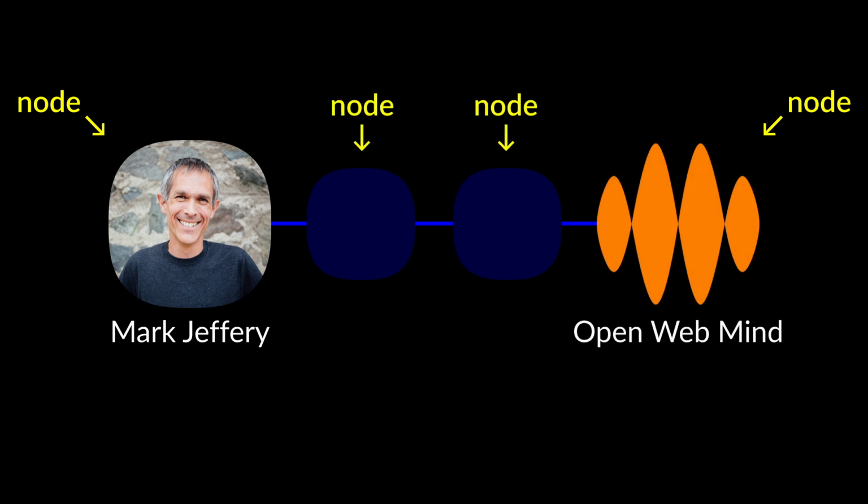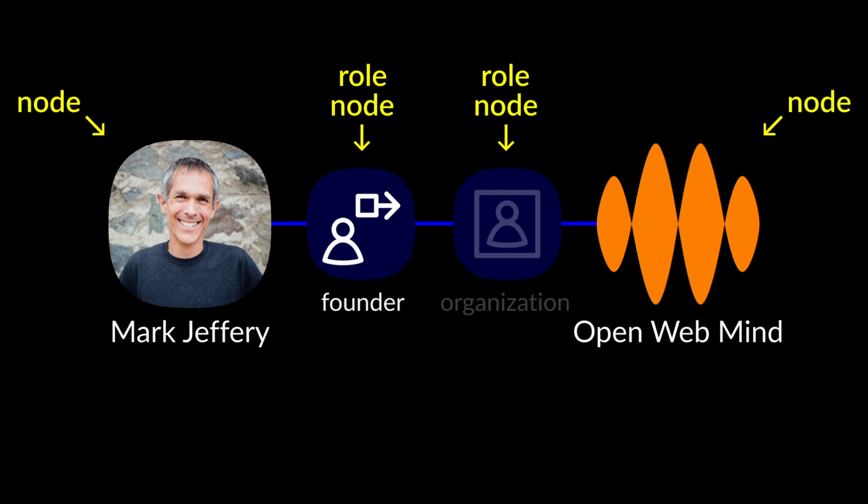But there are 2 more nodes involved in this hyperedge, representing the roles of the 2 connected nodes in the relationship. In this case, my role in the relationship is that of founder, and OpenWebMind's role is that of the organization being founded. So the 4 nodes that make up the hyperedge are me, founder, organization, OpenWebMind.